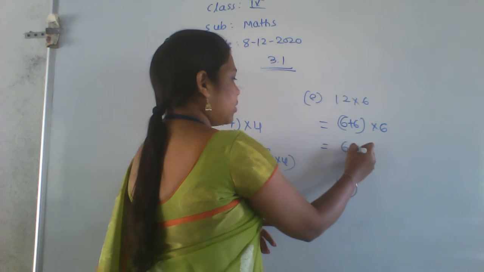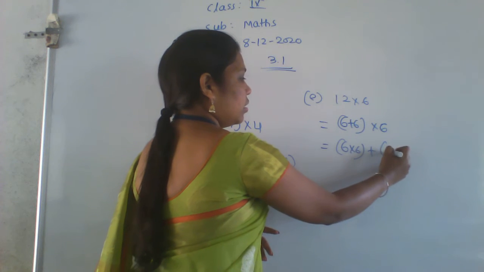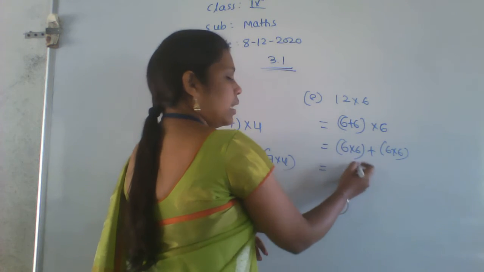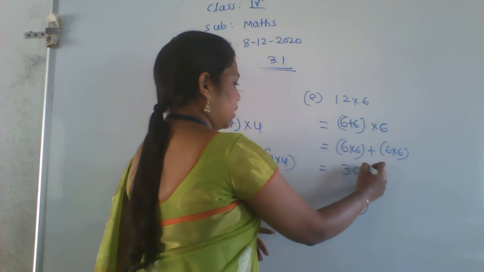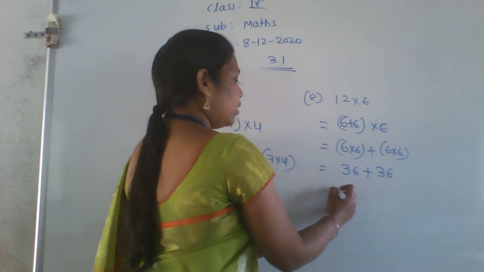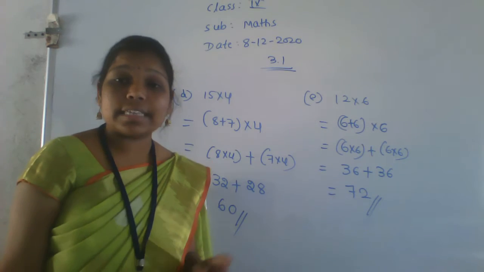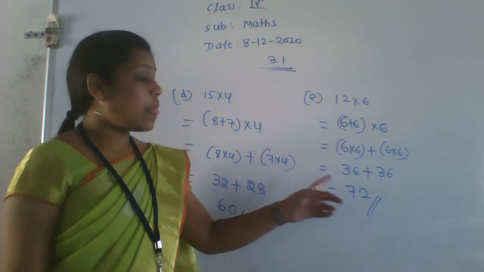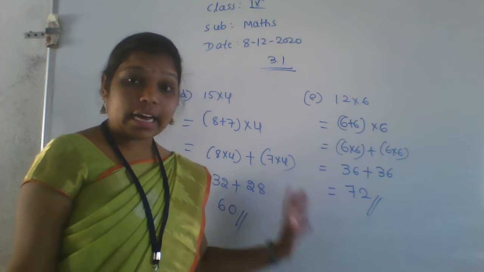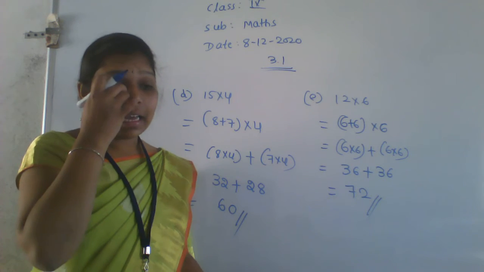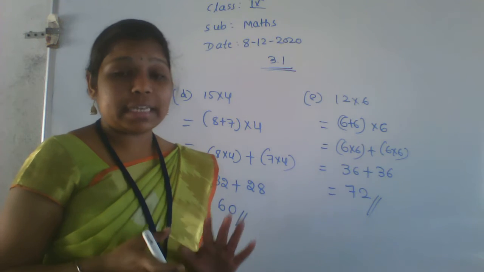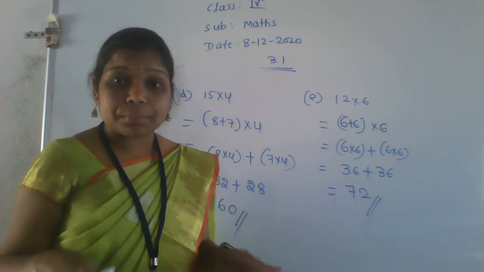Here, 6 into 6 plus 6 into 6. 6 6s are 36. Here also 6 6s are 36. Now add and write, that is 72. What is the answer? 12 into 6 is 72. This is multiplication by breaking up the number.